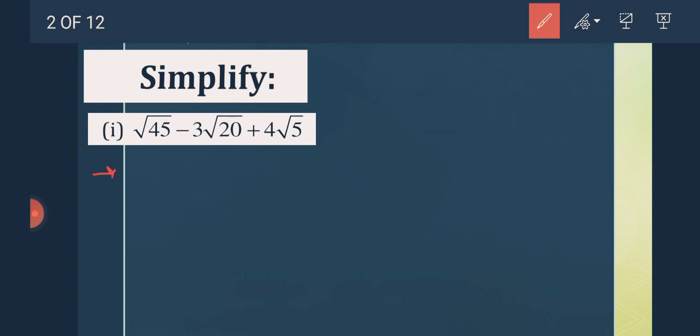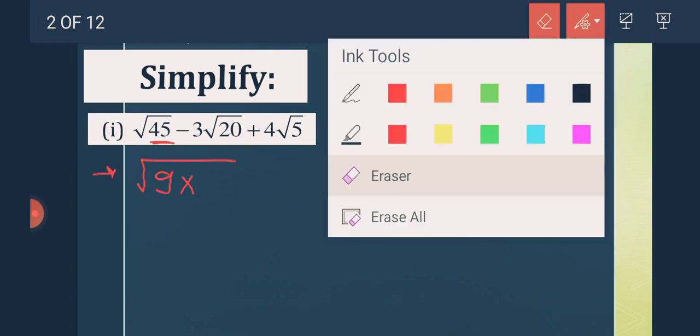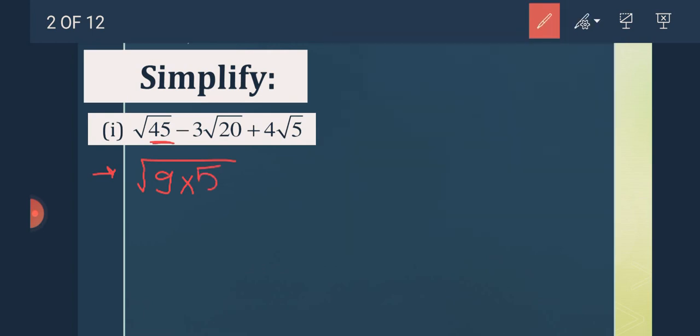The first step is to simplify it like root 9 into root 5. This is root 5, don't be confused. Having some problem in writing, as I am writing with fingers.